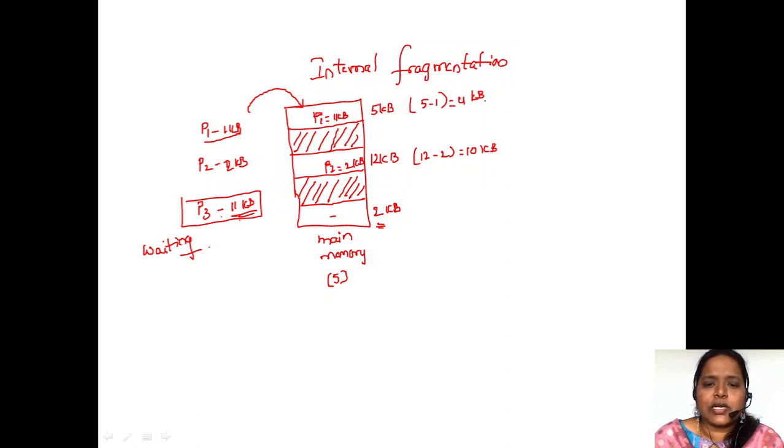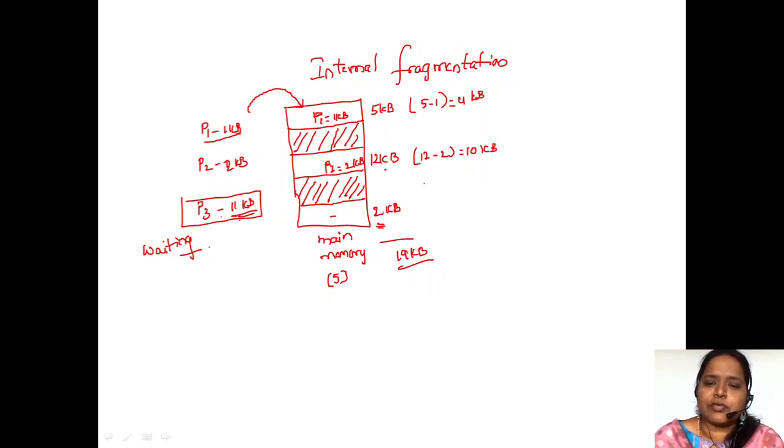Now what is happening over here? Total how much memory is there? 12 plus 2 is 14, plus 5, totally 19 KB of memory. In that 19 KB, how much memory have we used? Only 2 plus 1, 3 KB.